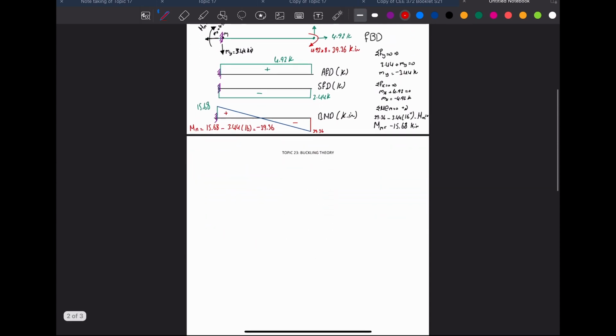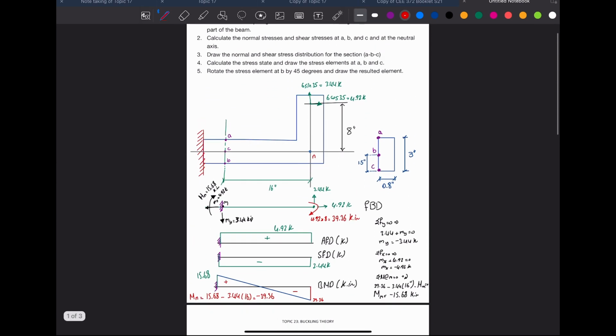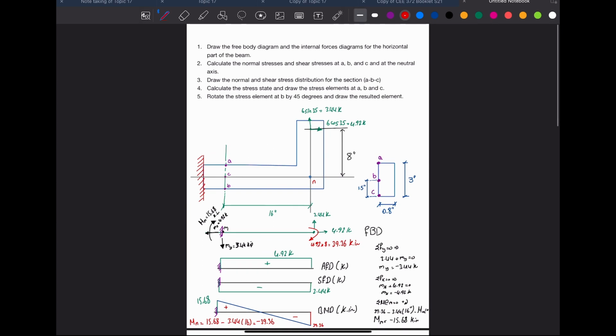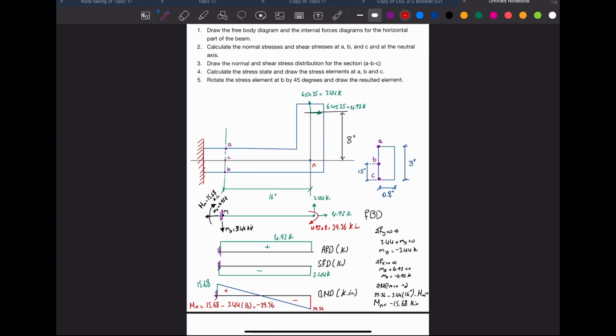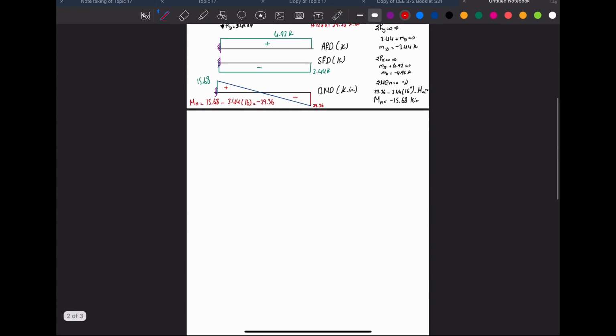Let's now move to the second requirement: calculate the normal stresses and shear stresses at A, B, and C. Now I know the section that I need to focus on, which is here. Let's draw the section.